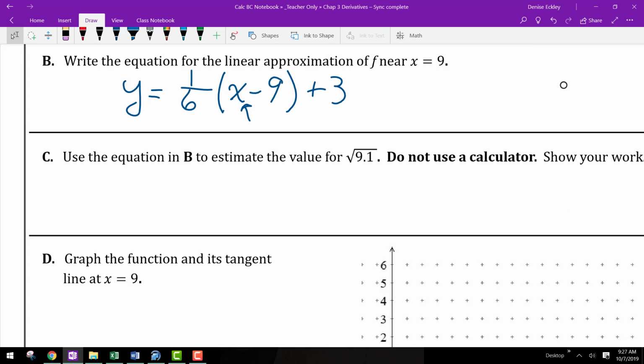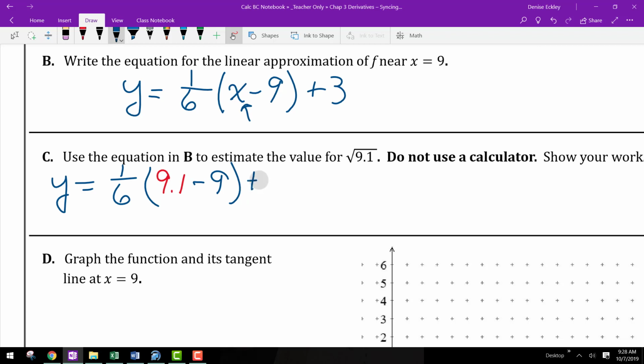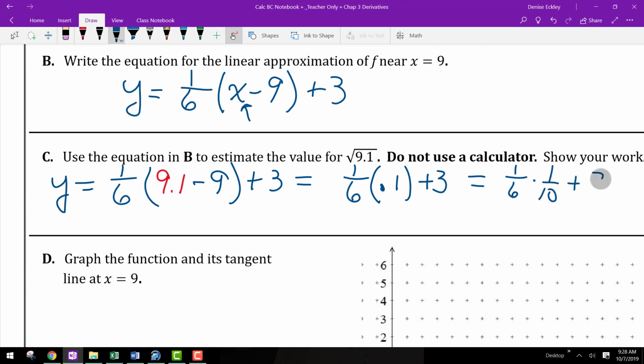All right, so here's what's going on. We're going to have y equals 1/6 times 9.1 minus 9 and then plus 3. So this is going to be 1/6 times 0.1 plus 3. Now what I did is I have 1/6 times 1/10 plus 3.